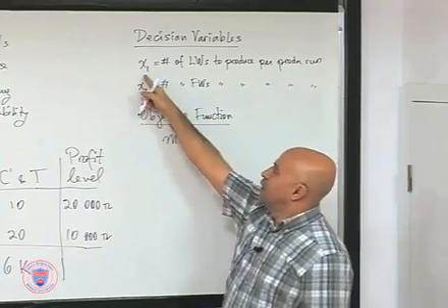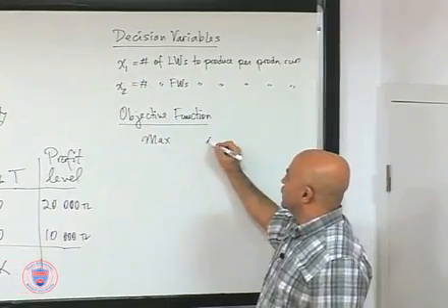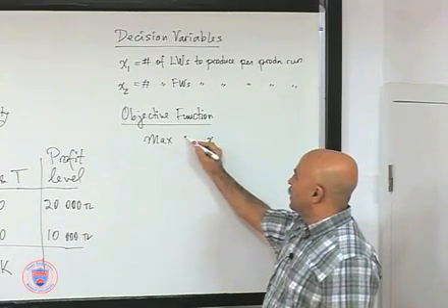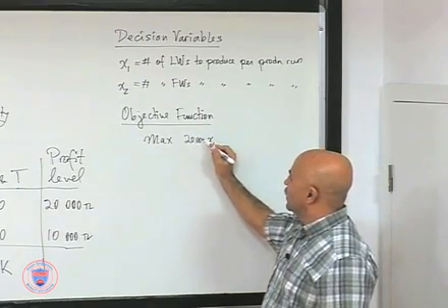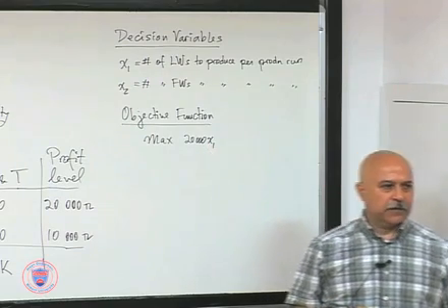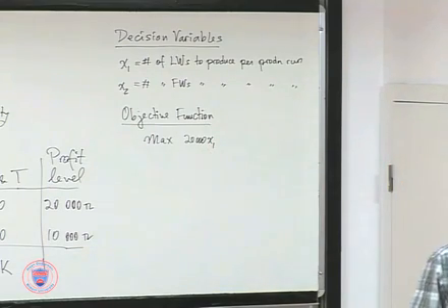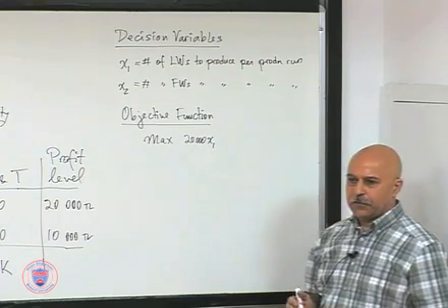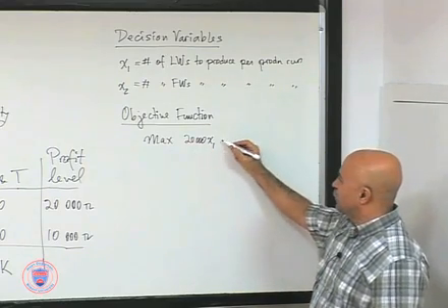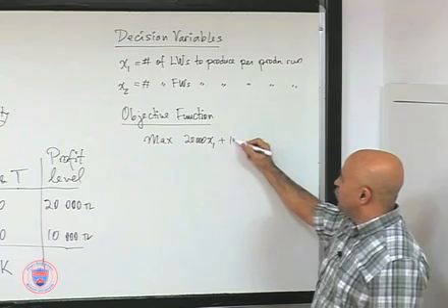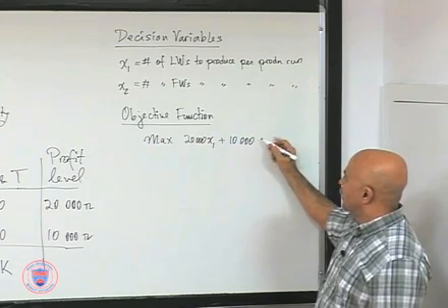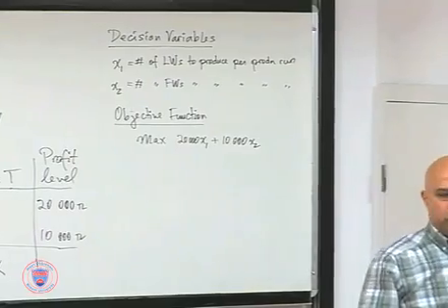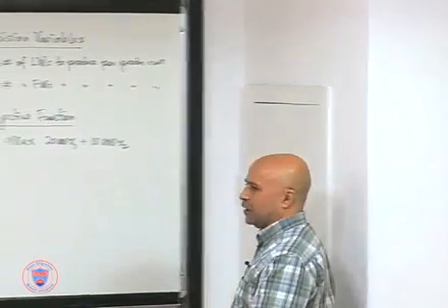And if I've got X1 units of the first type of car, and if each one gives me 20,000 Turkish lira profit, of course 20,000 times X1 is your total profit coming from the first type of cars. The second one, each one gives you 10,000. So times X2 is your profit contribution coming from the second type of car.